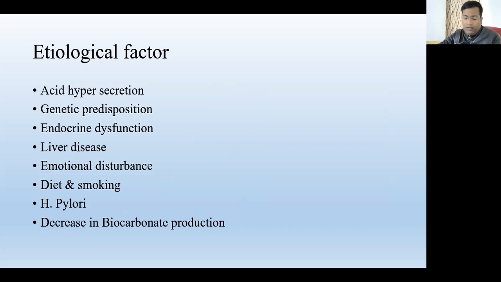The etiological factors behind the duodenal ulcer are acid hypersecretion, genetic predisposition, and endocrine dysfunctions. Patients suffering from liver disease for longer durations, and patients with emotional disturbance, all these things disturb acid secretion in the stomach, and that causes the development of these duodenal ulcers.